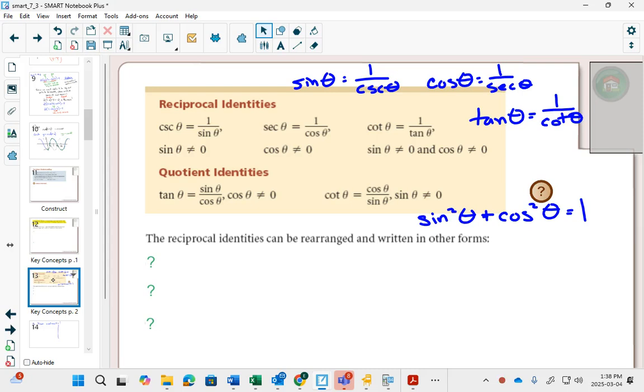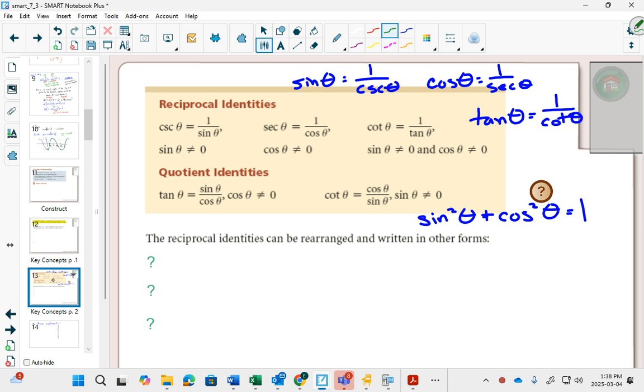And one of the things, our first observation, is that no matter which of the 6 trig functions you have, they all have something in common they can change to. They can all either be written with a sine theta or a cos theta.